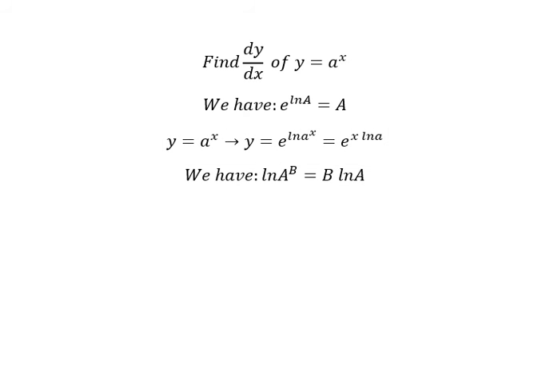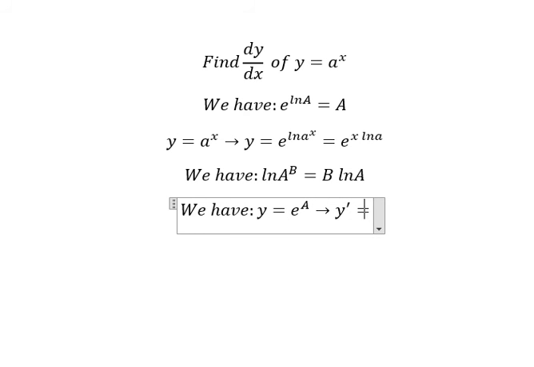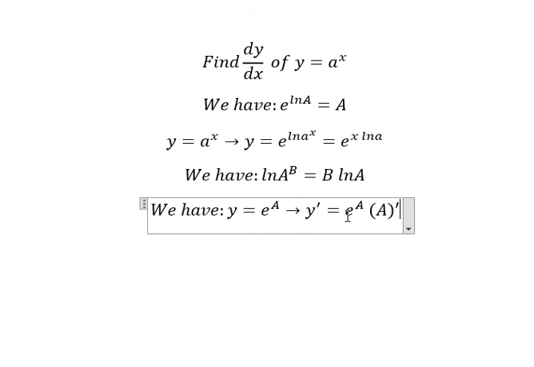Now we can apply the formula of the first derivative in here. If we take the first derivative of this one, we have the first derivative of capital A in here multiplied by e to the power of a.